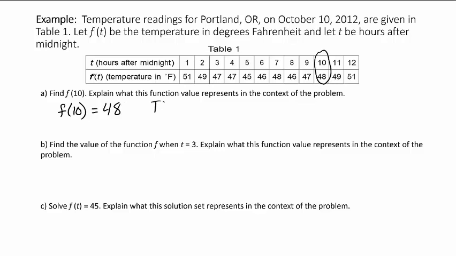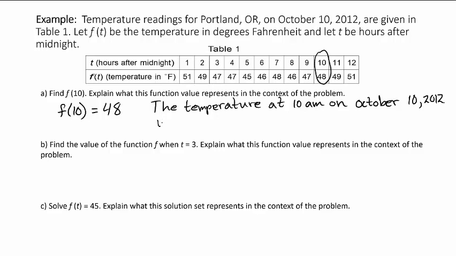So the temperature at 10 a.m. on October 10th, 2012 was 48 degrees Fahrenheit.